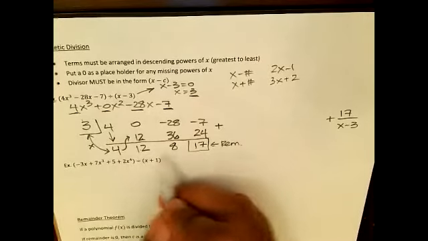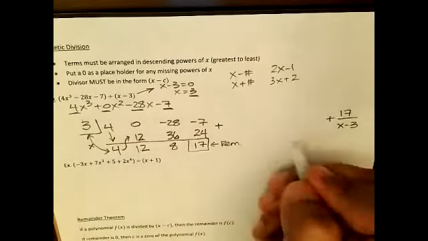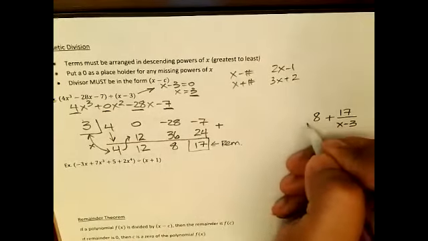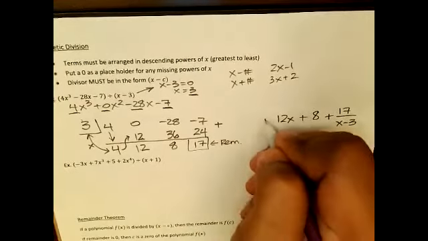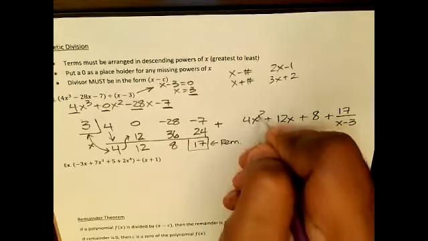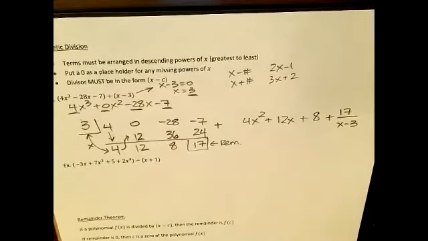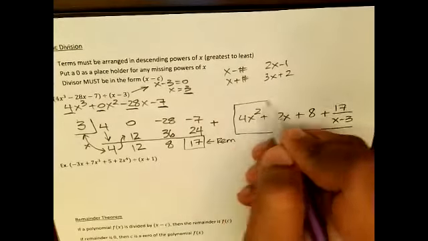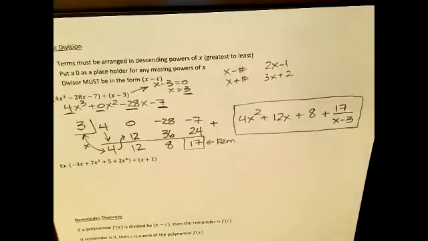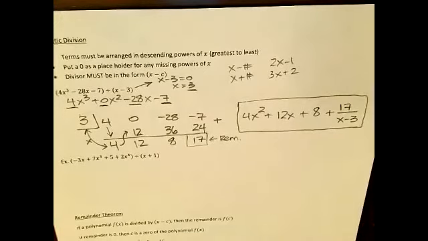In this case, though, we only have 3 things. So there's our answer: 4x squared plus 12x plus 8 plus 17 over x minus 3.